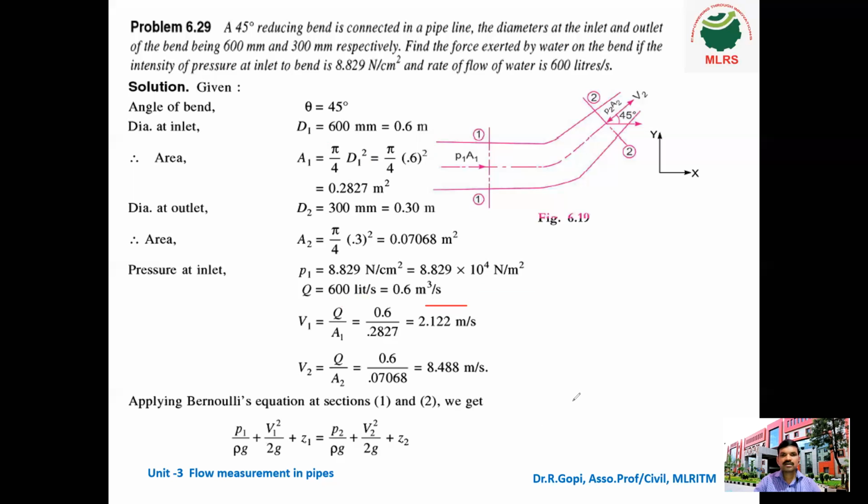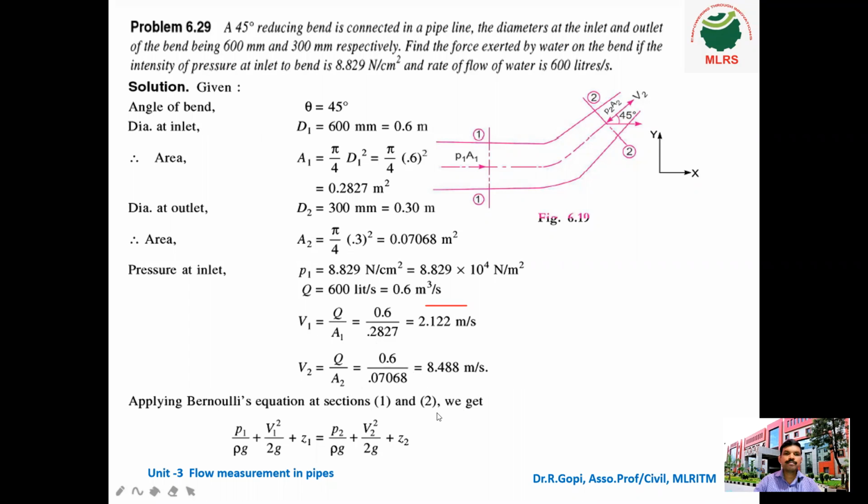Next, V1 is equal to Q divided by A1, so 0.6 divided by 0.2827, which is equal to 2.122 meter per second. Next, V2 is Q divided by A2, 0.6 divided by 0.07068, which is 8.488 meter per second.